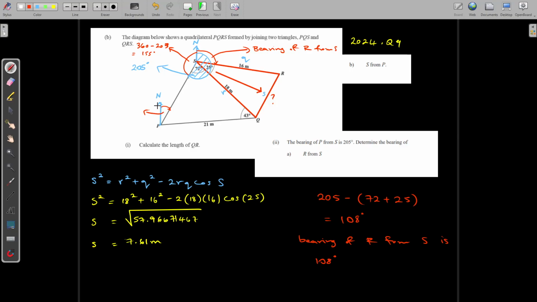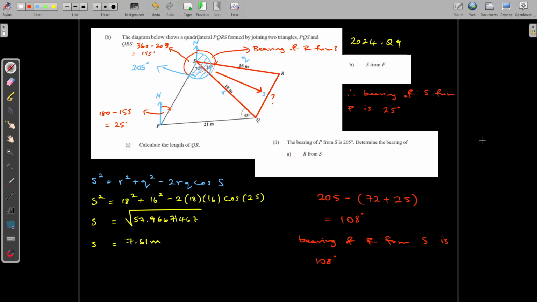So down here now would be 180 subtract 155. What is it? 25. So therefore, S from P is 25 degrees.